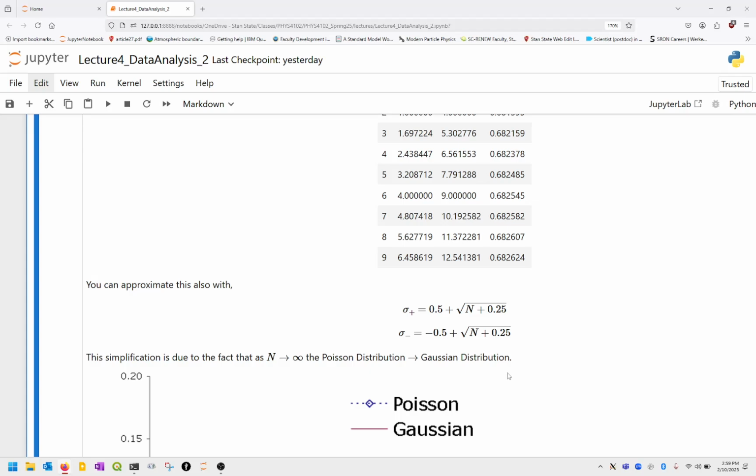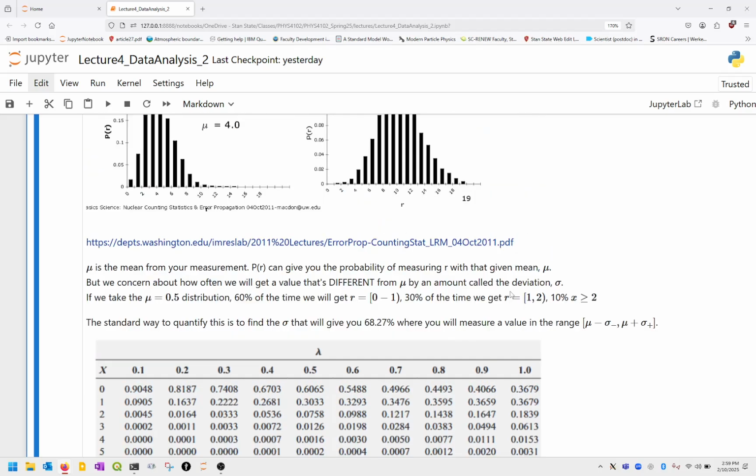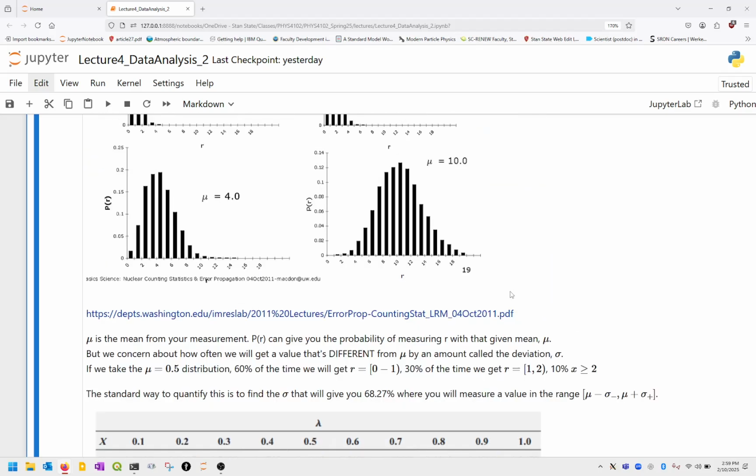You get a pretty good distribution from this. The goal is to define the sigma parameters so they enclose about 68% of your distribution. If you go up here where the picture is, if you go around this big, this is about 68% of it.